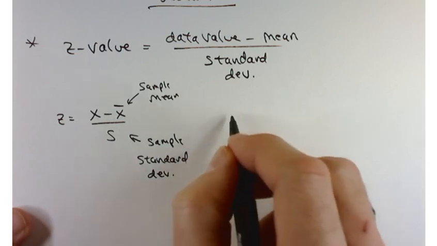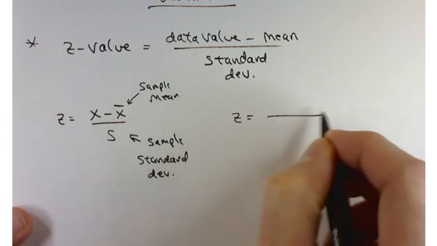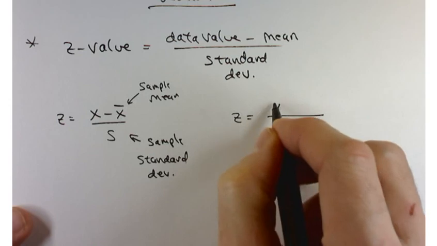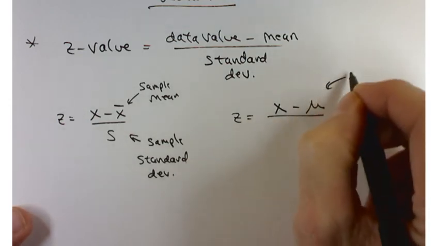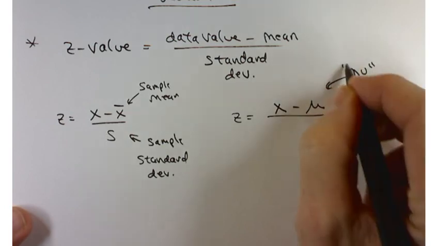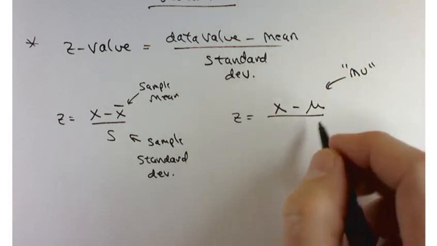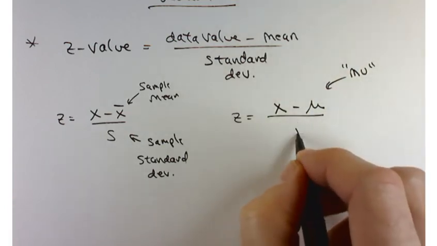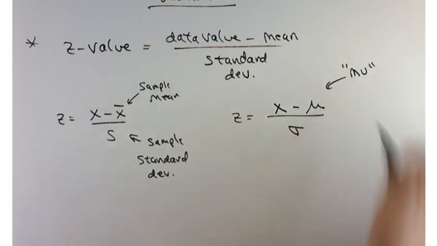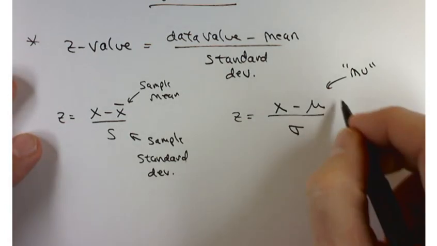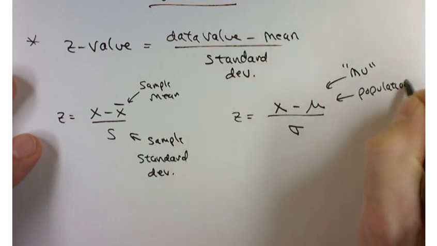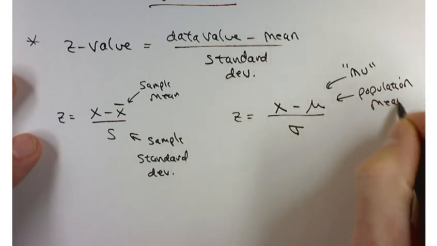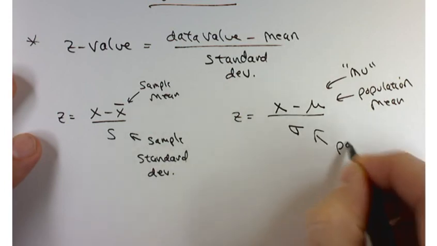So if you happen to have population data, then you'd be calculating it as X minus mu, this is a Greek letter, divided by sigma, which is your population standard deviation. So this is your population mean, and this is your population standard deviation.